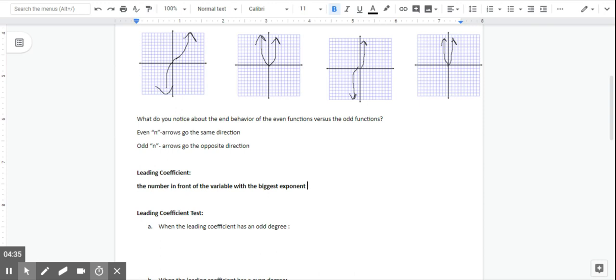And so we call the leading coefficient a. So just like we call the biggest exponent n, we call the leading coefficient a.